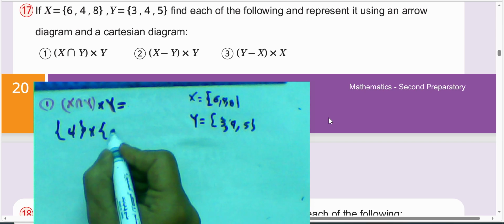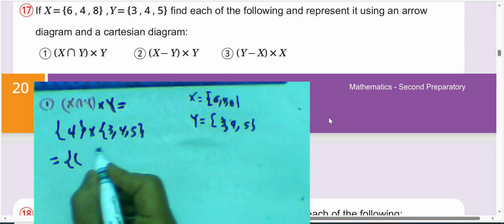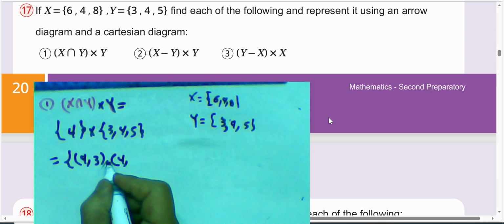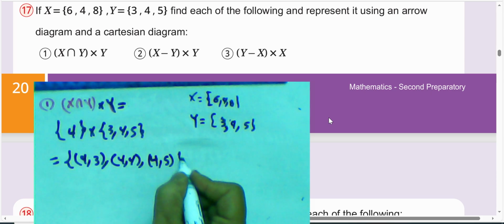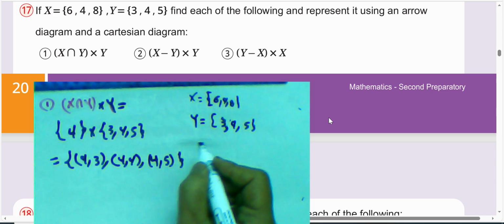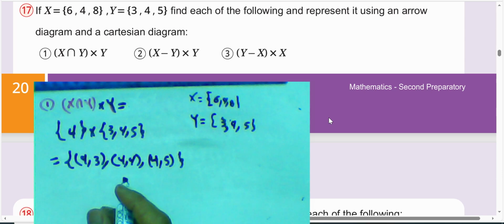Y equals 3, 4, and 5. Then the pairs are 4 and 3, 4 and 4, 4 and 5. Using an arrow diagram, he wants to find the solution represented in an arrow diagram.